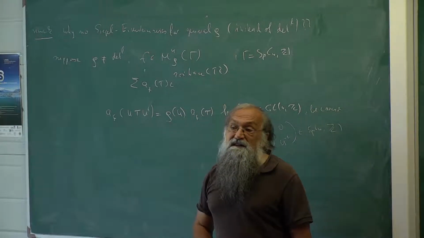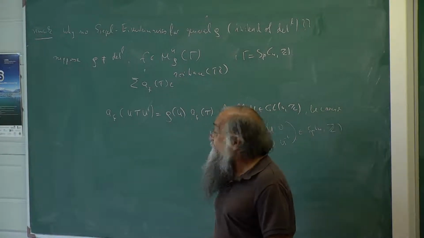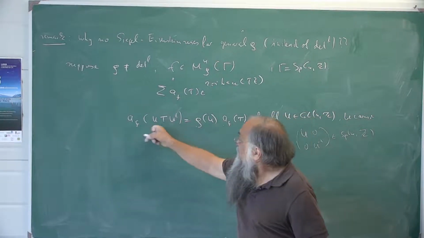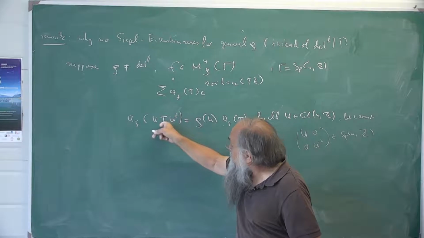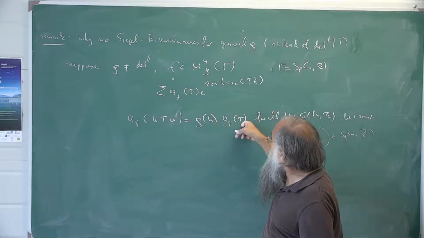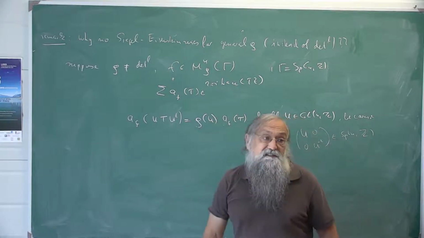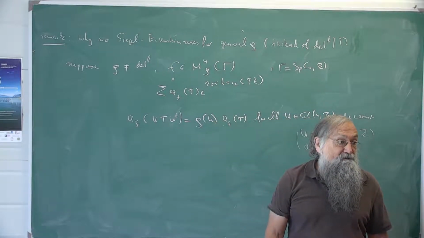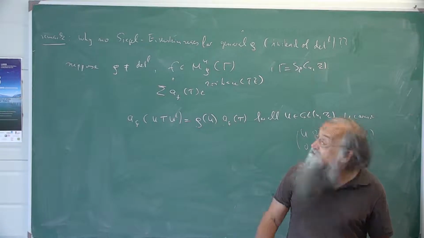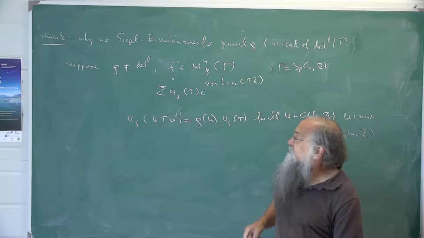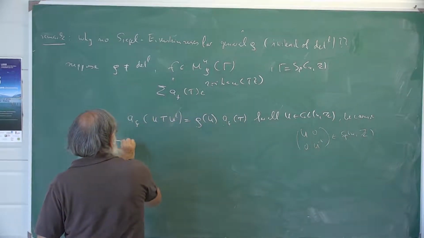Now, when you apply this to t equal to 0, it means that AF of t, which is 0, is equal to rho of u AF of t for all u. And this cannot happen unless this element of your representation space is equal to 0.